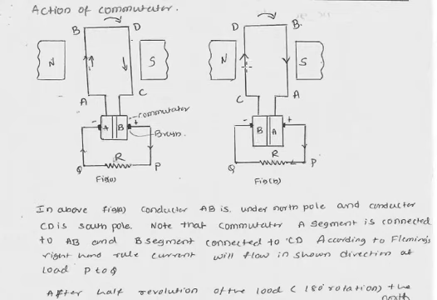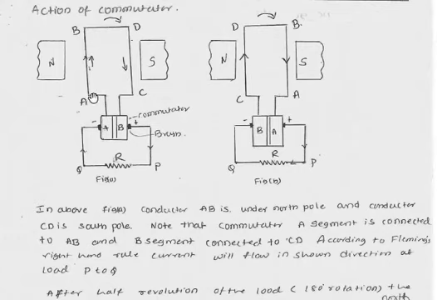Now again, if you find the direction of the current using Fleming's right hand rule, in conductor CD the direction is from C to D. In the earlier position it was from D to C, isn't it? Now the direction of the current in the conductor has reversed.